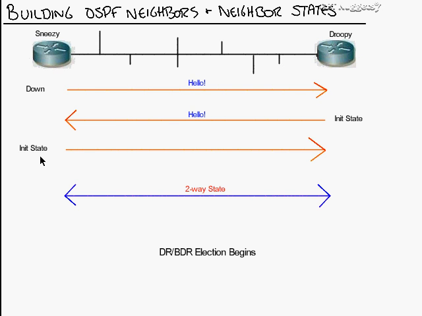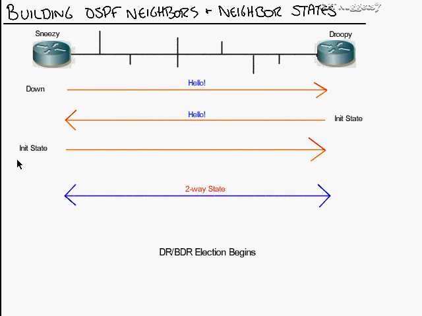Now, if any of those fields don't match in the hello packet, you remember we talked about the hello packet and I put those little green X's next to it? If any of those fields don't match, what's going to happen is they will stick in the init state. And just to hit those fields again, they're the area ID, the authentication information, the hello timer, and the dead timer. If those don't match, we are stuck in the init state.